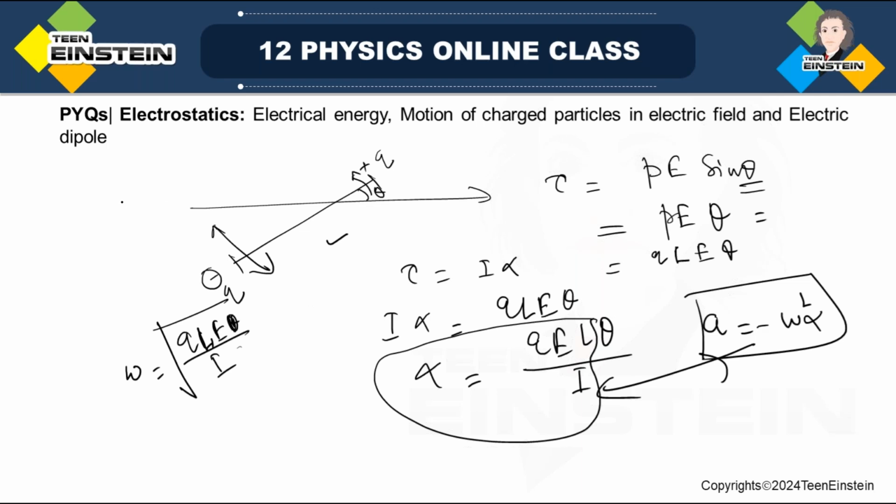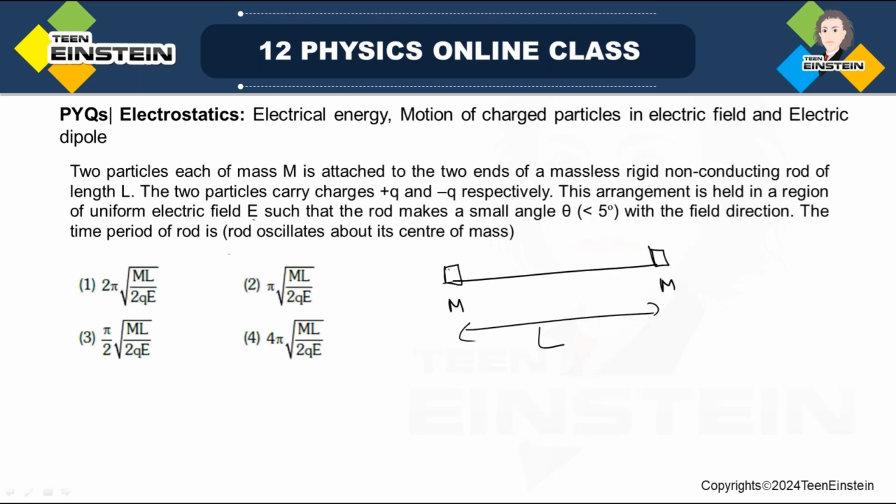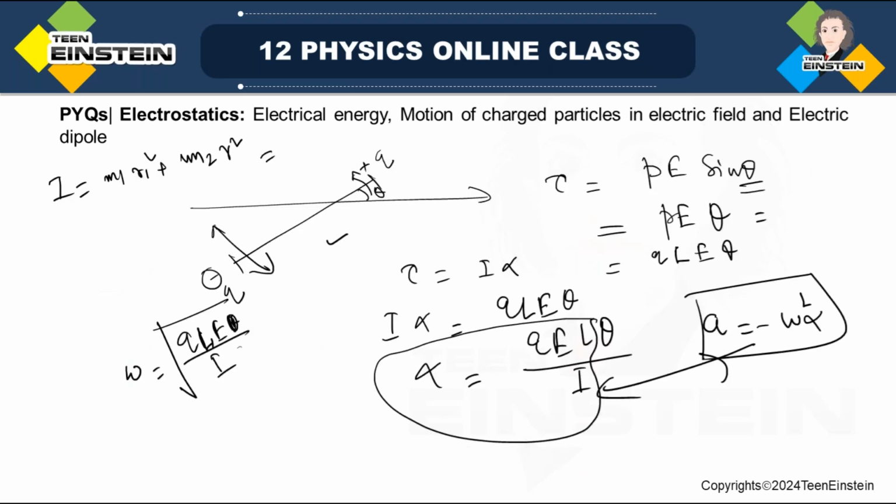By the way, what I will be actually is m1 r1 square plus m2 r2 square. So m1 r1 square, m2 r2 square. See, r here is actually L by 2.